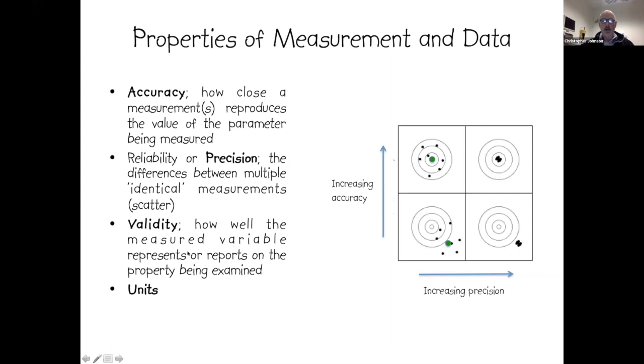That is how well the thing that we're measuring actually represents or reports on the property that we would like to examine and the property that we think our measurement is reporting on. And then finally, also measurement and data have an element of units. We need to be aware of that and just make sure we don't make any errors in considering the unit.